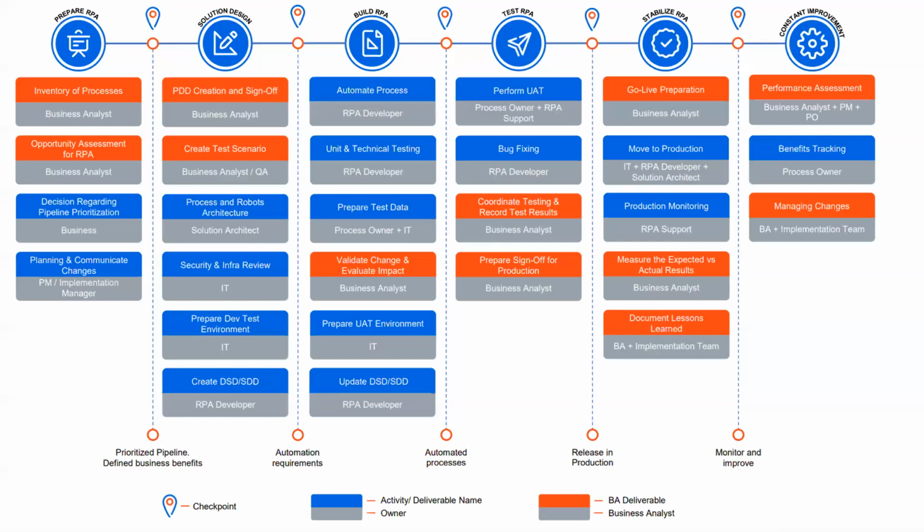So we need to create release notes, create an implementation plan, and work with a solution architect to create new accesses for the bot, prepare a new machine, and a lot of other stuff. The outcome of a stabilized RPA will be the bot running in production, and the input for this stage would be release notes, handover guides, and those things.